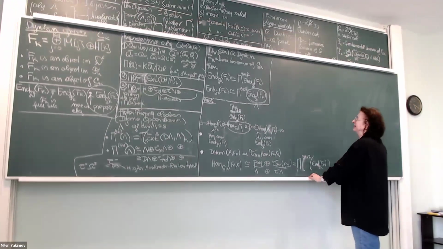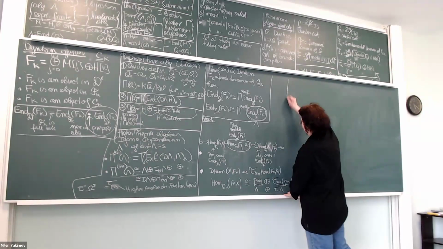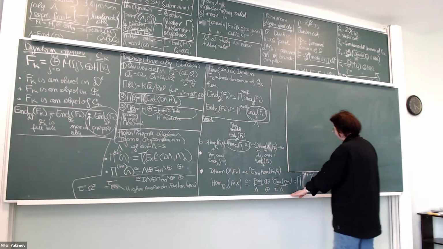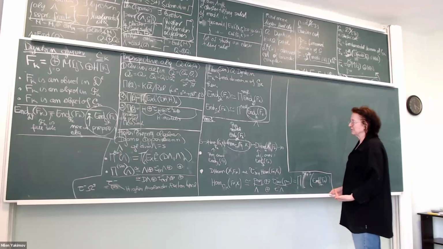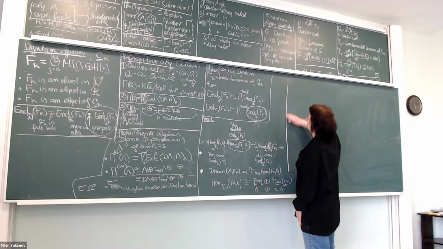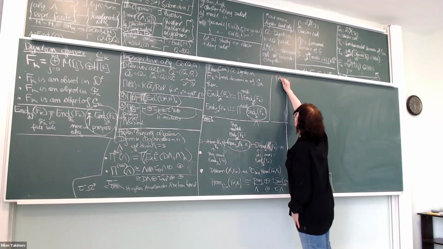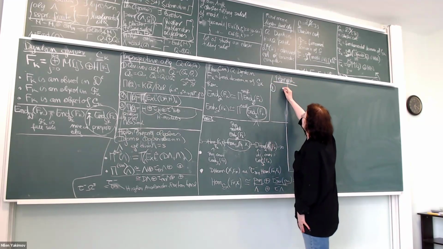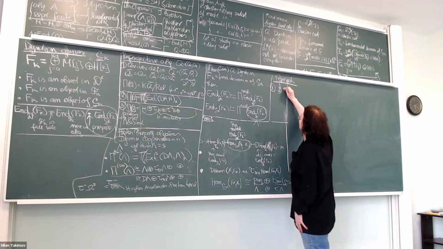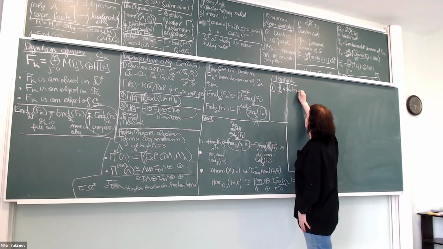Yeah. So I just want to make a few remarks. Okay, so the first remark is that if you have an additive category, actually, what you need is to have pseudokernels, okay.